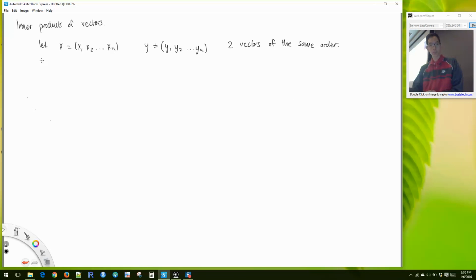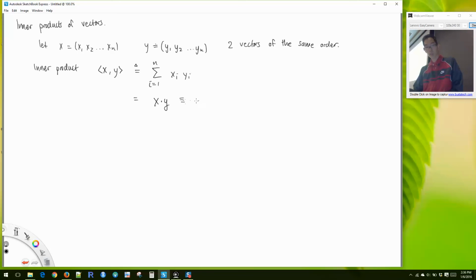And so the inner product of x and y, which we can write that way, we can define as the sum of each element xi times yi for all elements from 1 to n. Or this is the same as what can be thought of as our dot product.